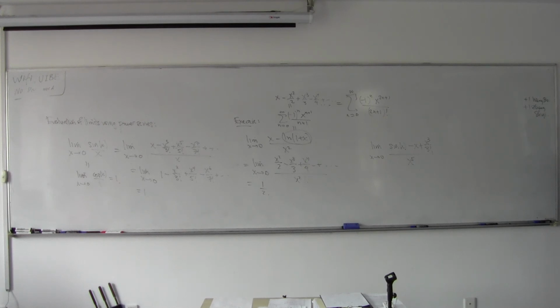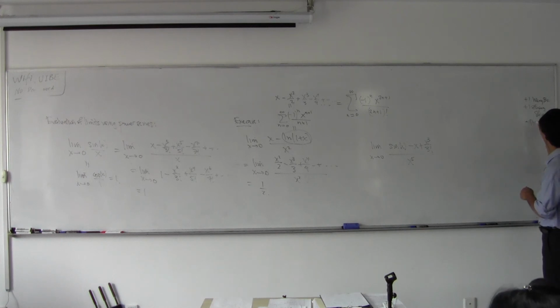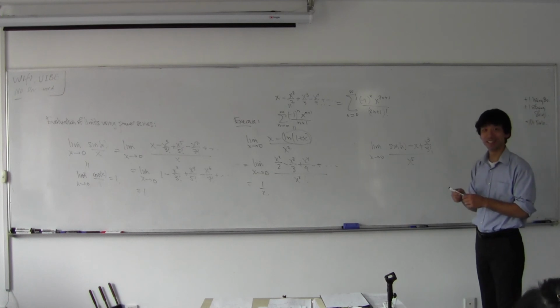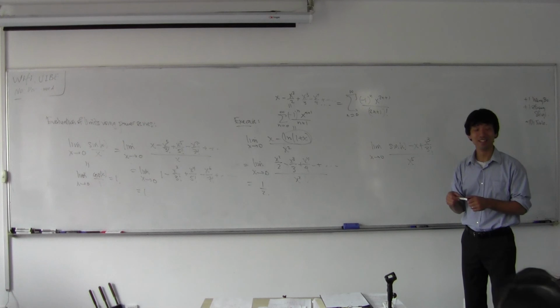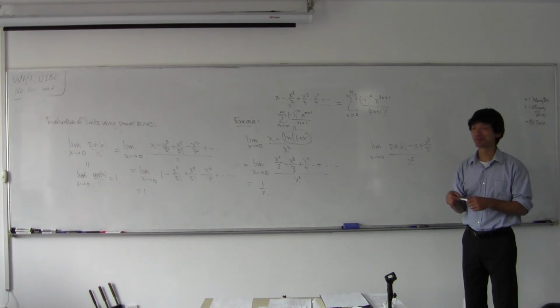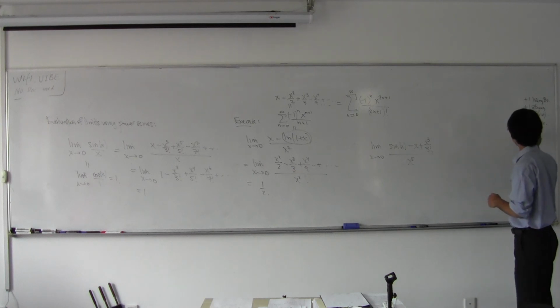One over 5 factorial, yeah. Angie gets minus 1 for not speaking.